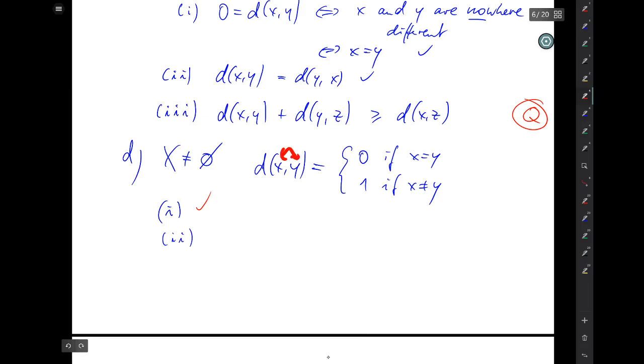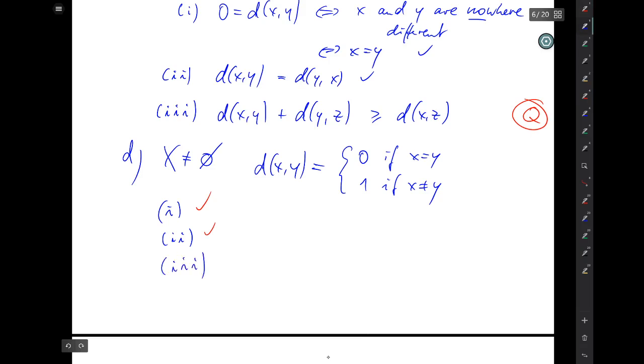Yes, of course. Why? Well, because I can exchange them here and here without making any difference. So also that gets a check. Okay. Property 3.